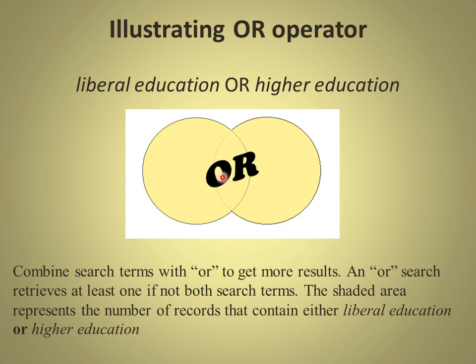And when you combine the two terms with OR, we get many more results. It's a good idea to think of different synonyms for your search terms while planning your search strategy. OR, like AND, can be used more than once in a search. The more terms or concepts combined using OR, the more records will be retrieved.